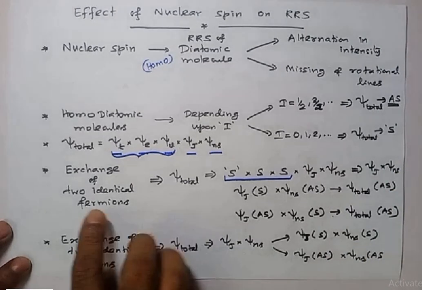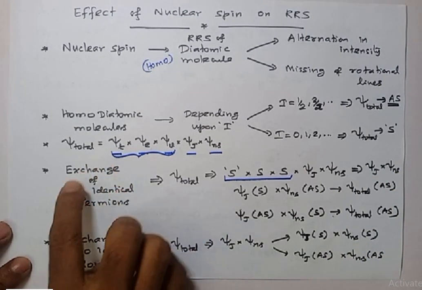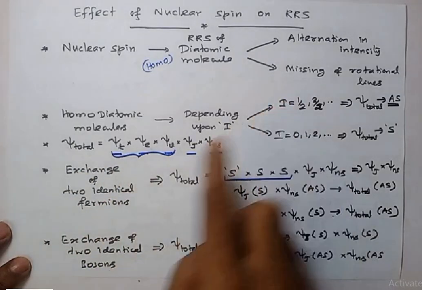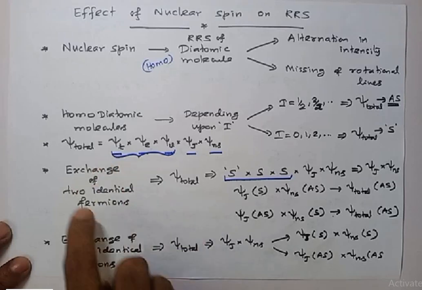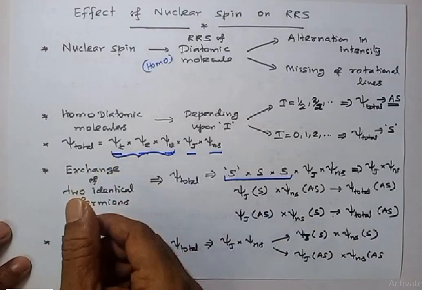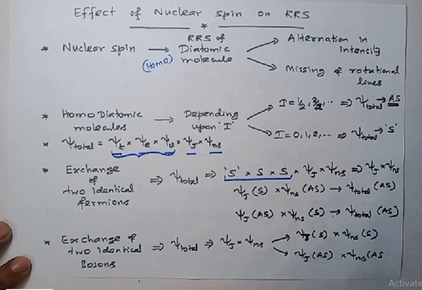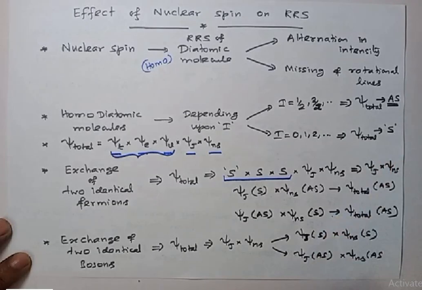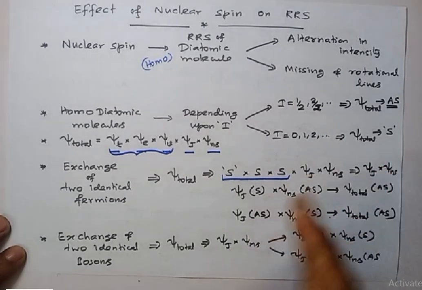Listen, if exchange of two identical fermions takes place, I have told you, when two identical fermions exchange position, the total wave function should be antisymmetric. Now we know very well the total wave function is nothing but the product of these two alone. So here I have two possibilities.